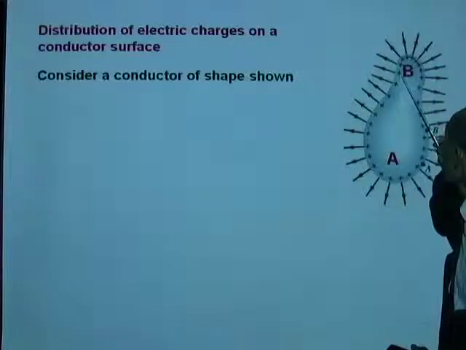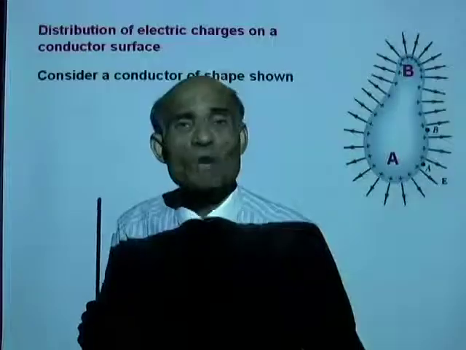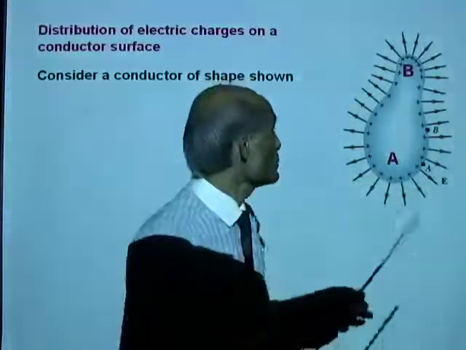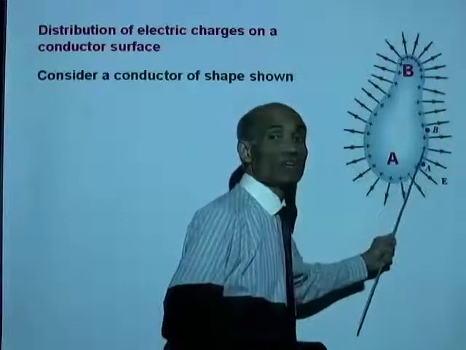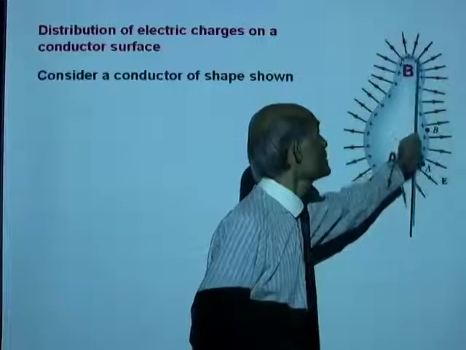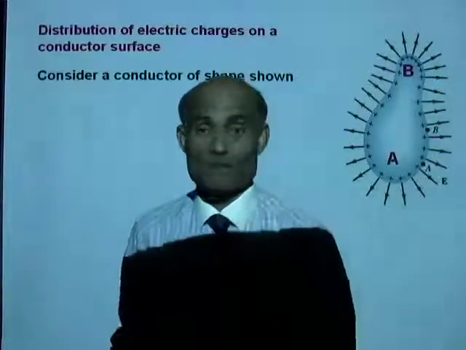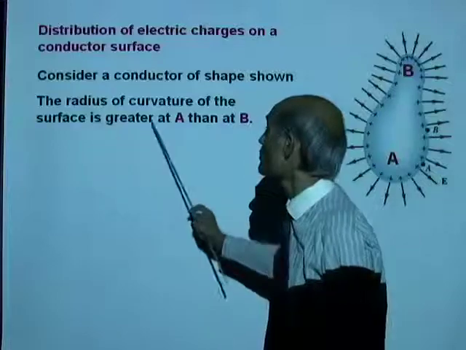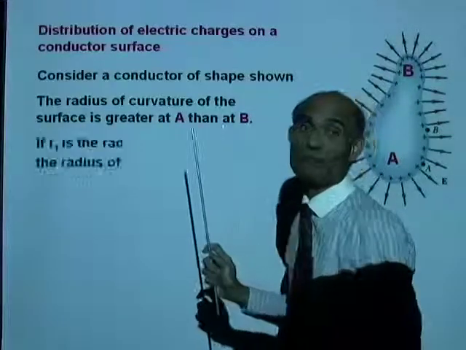Tell me which of the regions, A or B, has bigger radius? A has larger radius. If you construct a sphere around the region A, the radius of that sphere will be greater than the radius of the sphere at B. Is that right? Okay. Now, the radius of curvature of the surface is greater at A than at B.